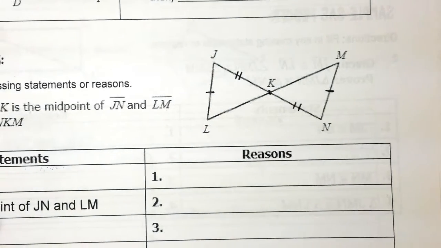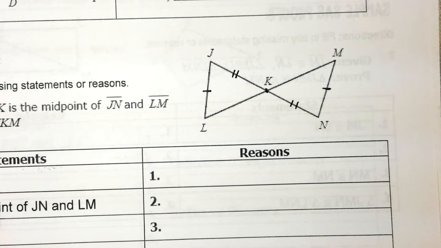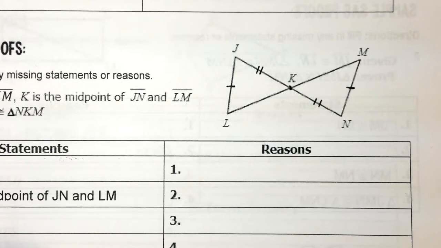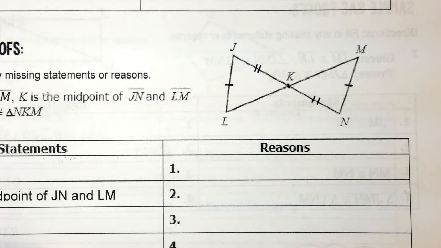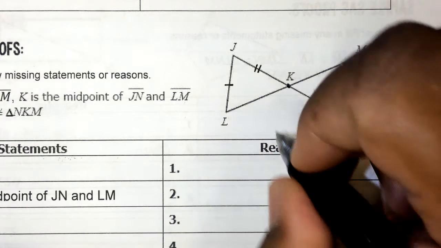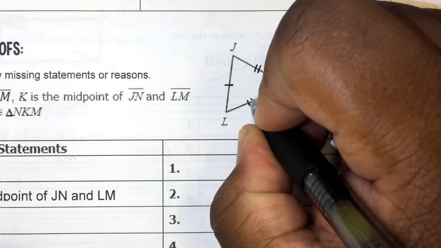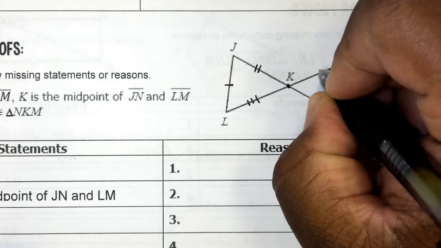Here, I can mark those congruent. They say K is the midpoint of LM too, so the same thing applies for LM. Since K is a midpoint, I should know that of LM, I should know that LK is congruent to MK.